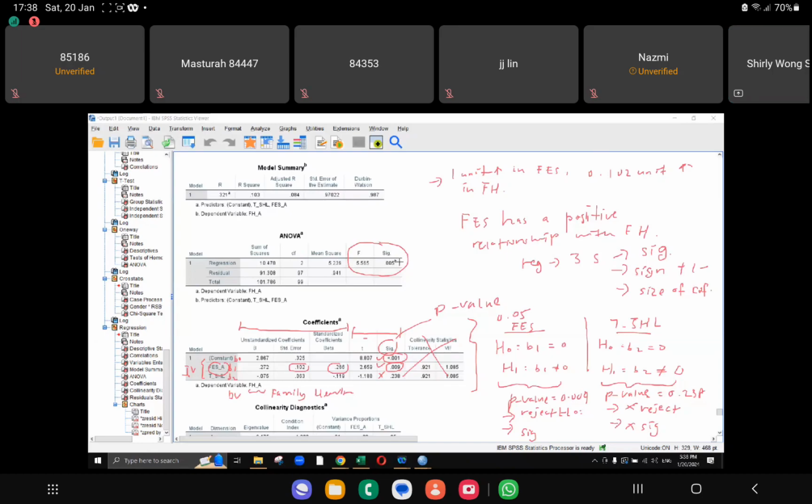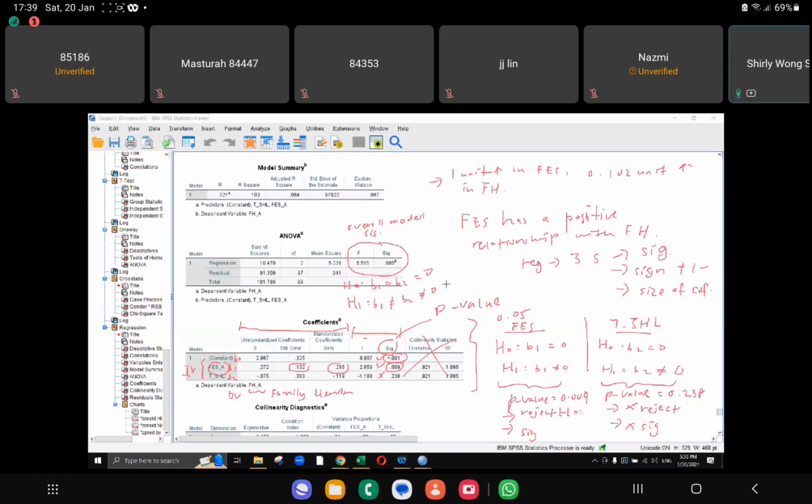The null hypothesis will be beta 1 is equal to beta 2 is equal to 0. The alternative will be beta 1 is not equal to beta 2 is not equal to 0. So if you're able to reject, it means not all the betas are the same and they are not equal to 0. Then the model is significant, right?